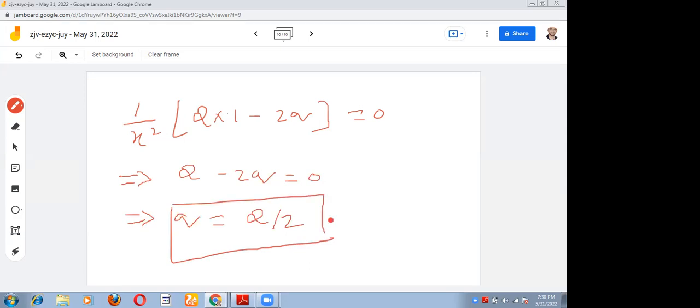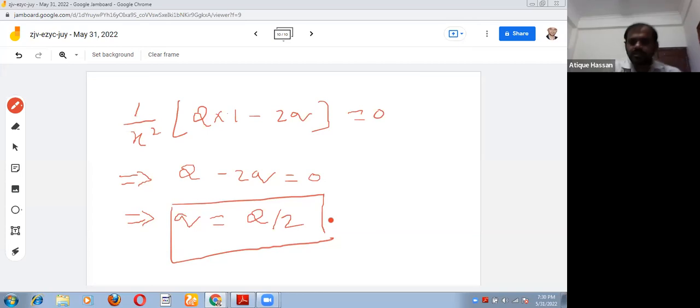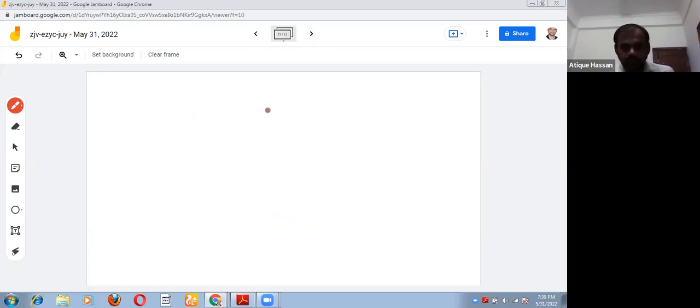So our aim was to find the charges on both the particles. Here we got charge q is equal to Q by 2. It means the charge on particle 1 and 2. We were having two particles.